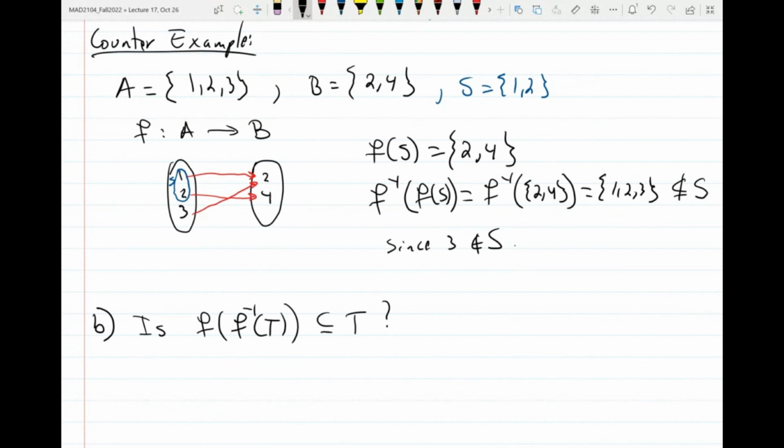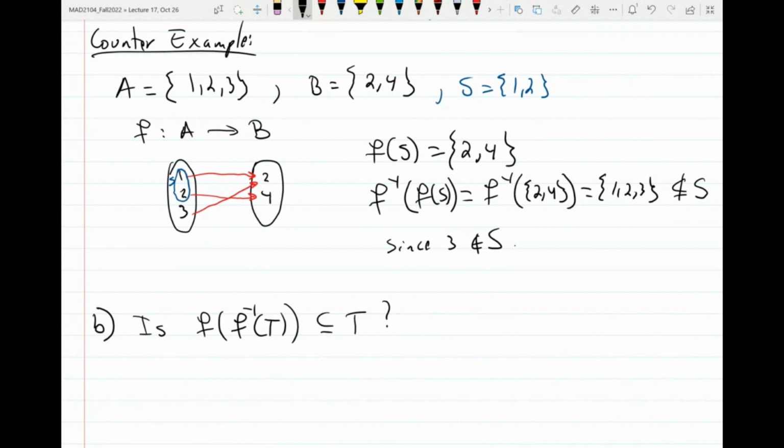What do you think should be the appropriate letter that I need to use? Should I use little a or should I use lowercase b? You can use whatever you want, but don't confuse people. We have capital A and capital B for domain and codomain. So when we use elements, we need to use the appropriate letter. So which one should I pick? Lowercase a or lowercase b?